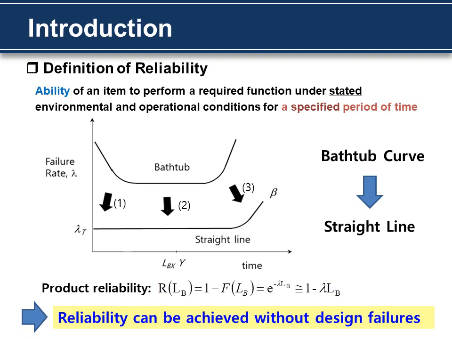So, the company improves the product design. The bathtub curve will change to a straight line. Finally, we can recognize that product reliability can be achieved without design failure in the specified lifetime.